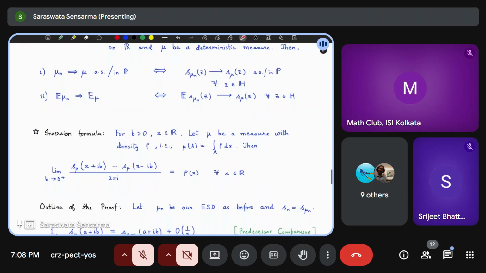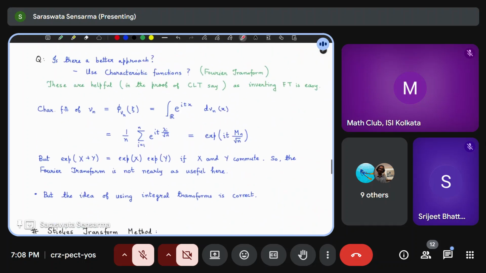And you also have this inversion formula. The inversion formula says that if you have the Stieltjes transform, there is a way to recover the original measure, the original density. You can recover the rho x. So this basically has all the things that we need. The only question is, is it good to handle?